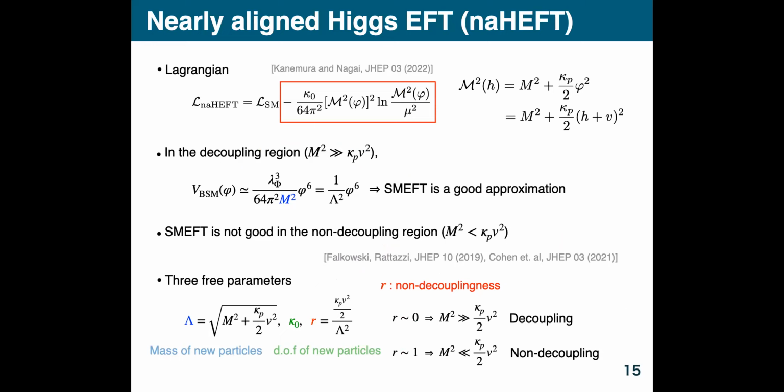So your definition of nearly aligned Higgs EFT is that you include one effective potential? In the Higgs potential, yes. And the LSM, is this the renormalizable standard model part, or does it still have a Higgs EFT? No, this is just the standard model Lagrangian.